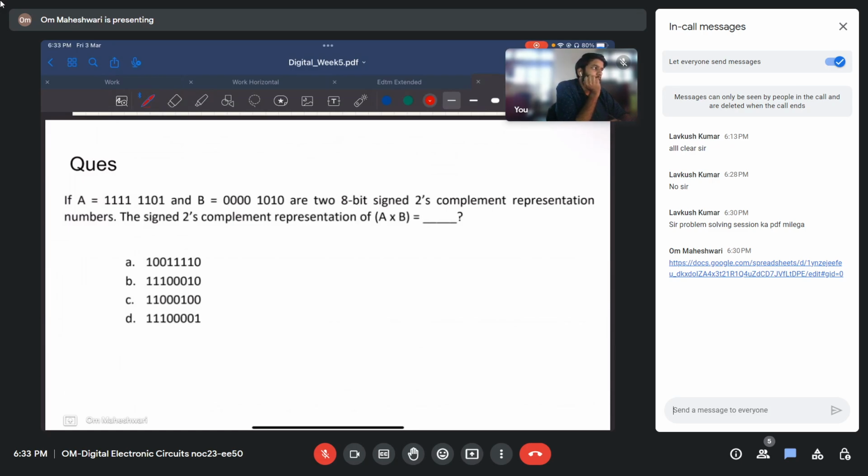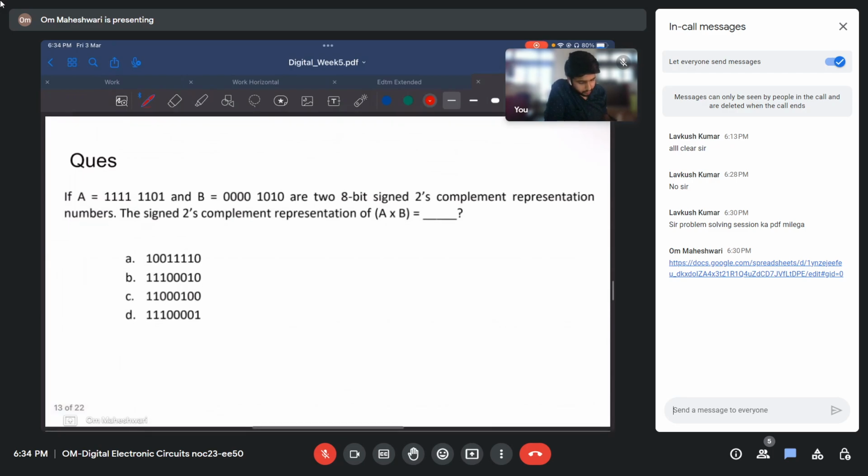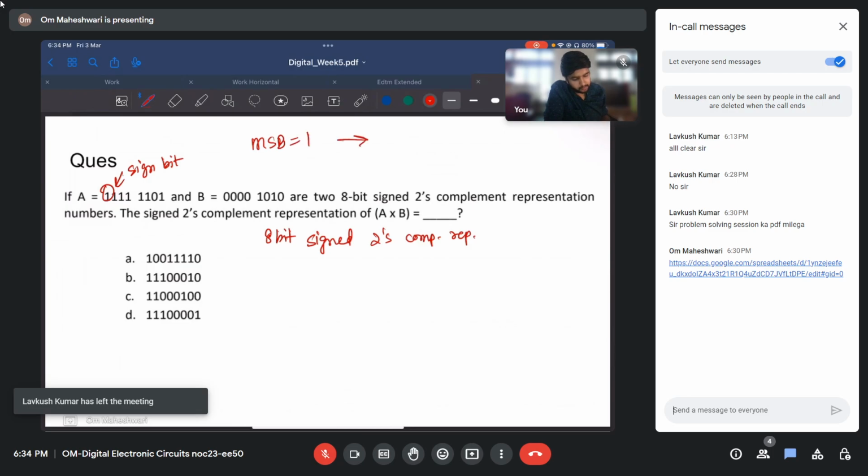A and B are two 8-bit signed 2's complement representation numbers. We need the signed 2's complement number of A cross B. In a signed 8-bit 2's complement representation, the 8th bit is the sign bit. So if the MSB equals 1, that means a negative number.